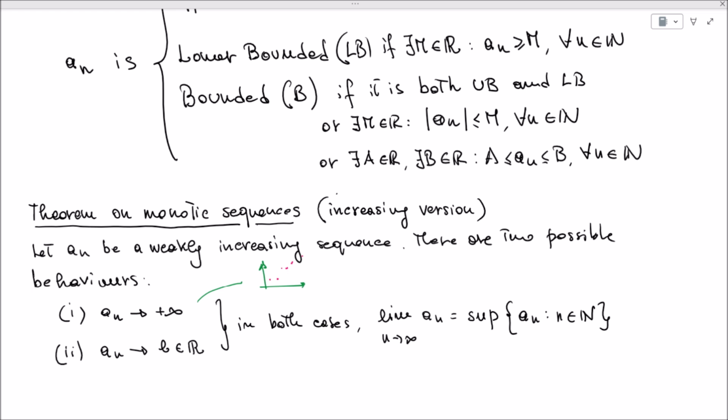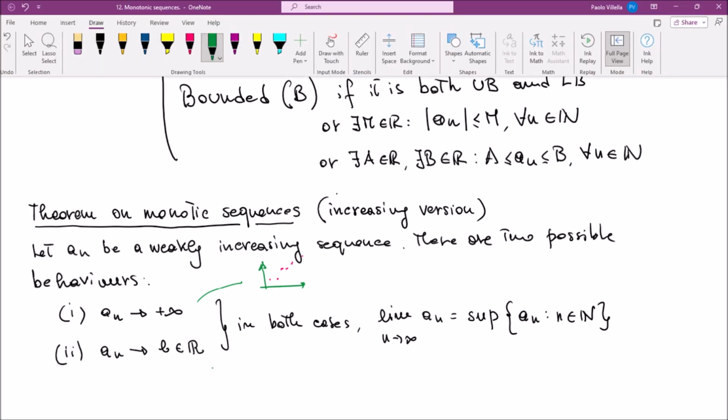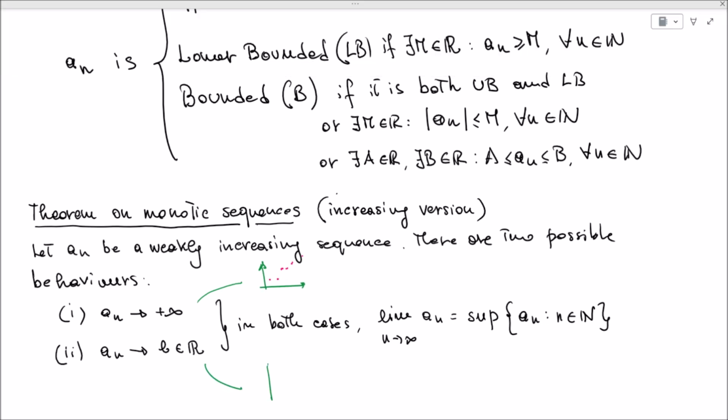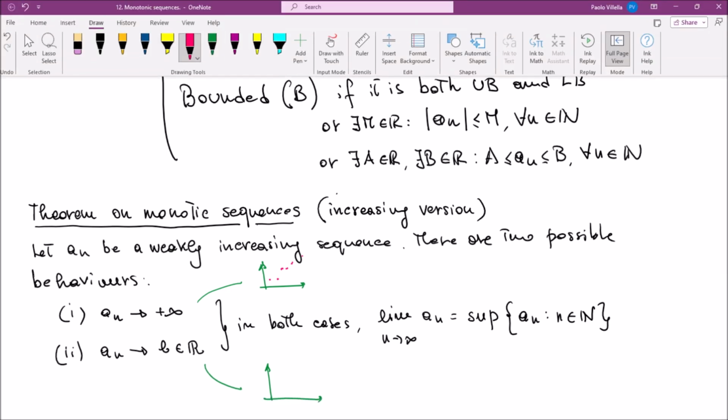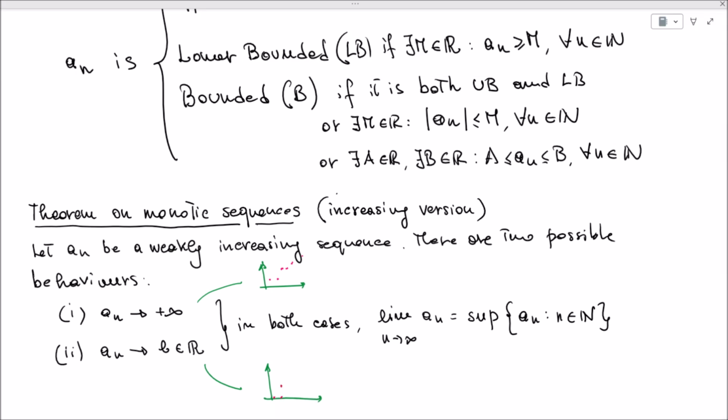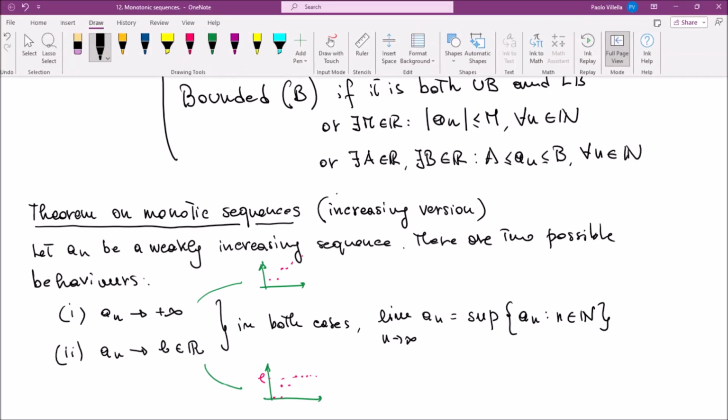The other possibility is that the sequence will converge to some limit L. And we are now going to prove this.